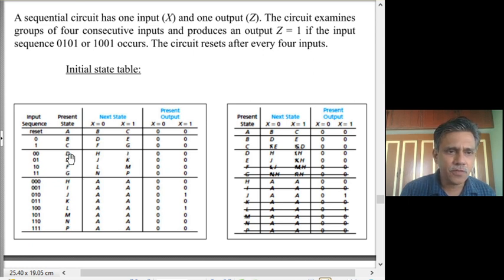Similarly, if you look at D, E, F, G and so on, output wise they all produce the same output, but each one of them goes to different states, and no two states appear to be equivalent, because D goes to H and I, E goes to J and K. But what if H and J are equivalent and I and K are equivalent?